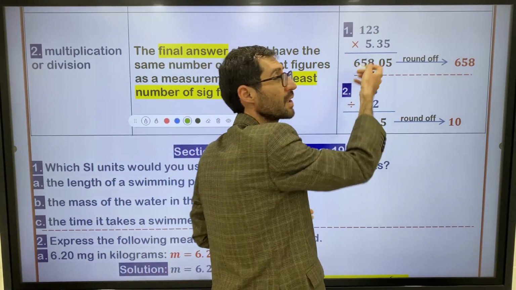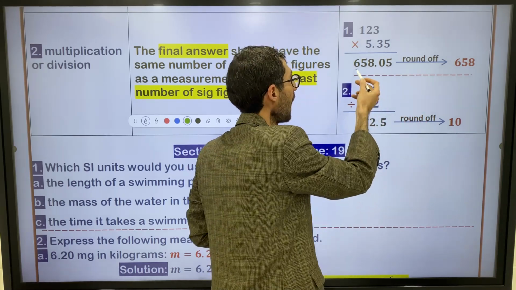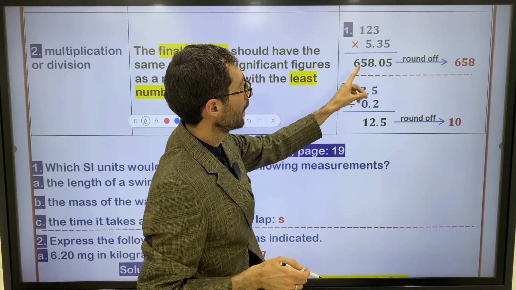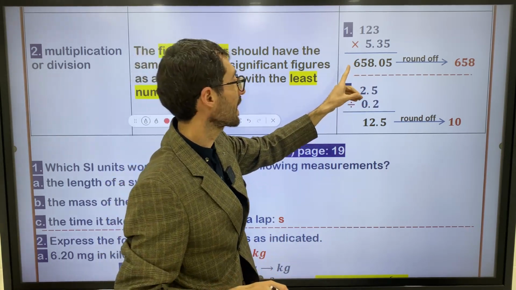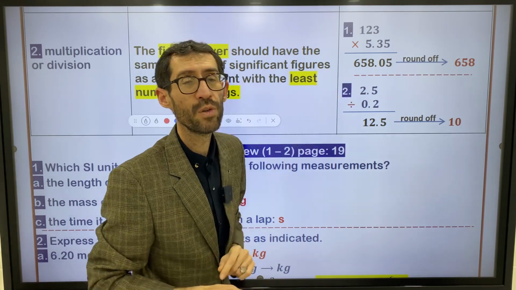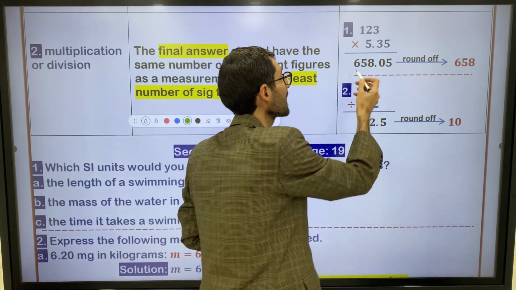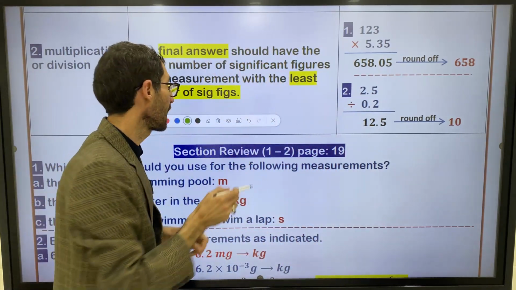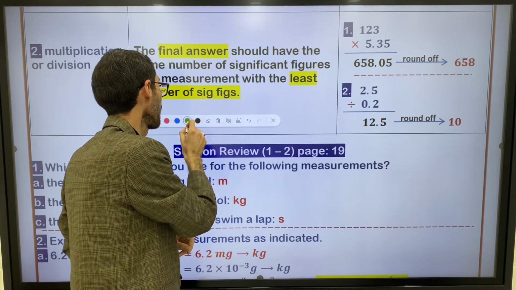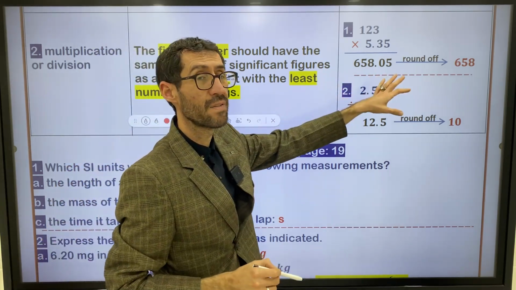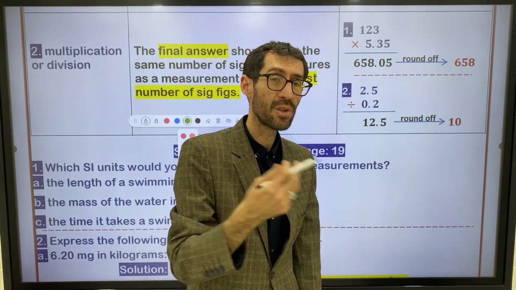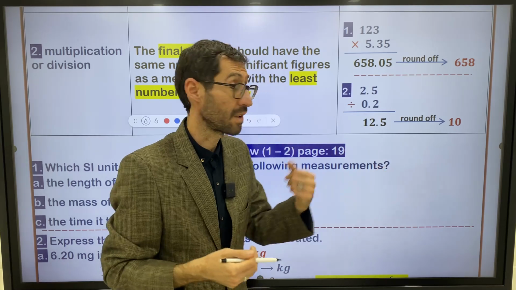But here, after the calculation, after you find the result, you obtain 658.05. So this number contains 5 significant figures, right? That's why you have to round it off to 3 significant figures.